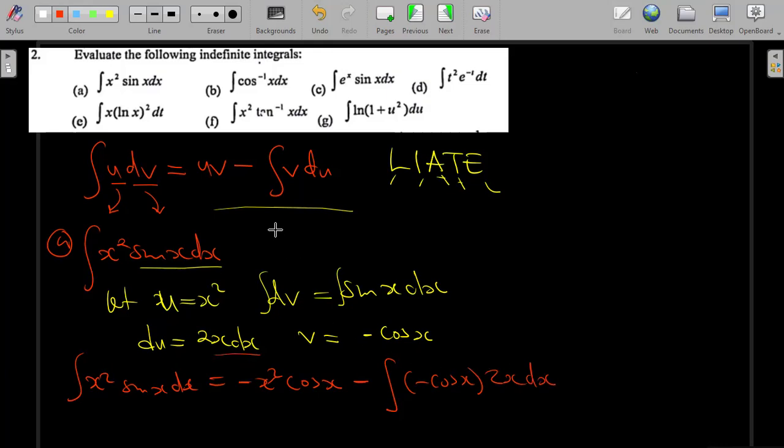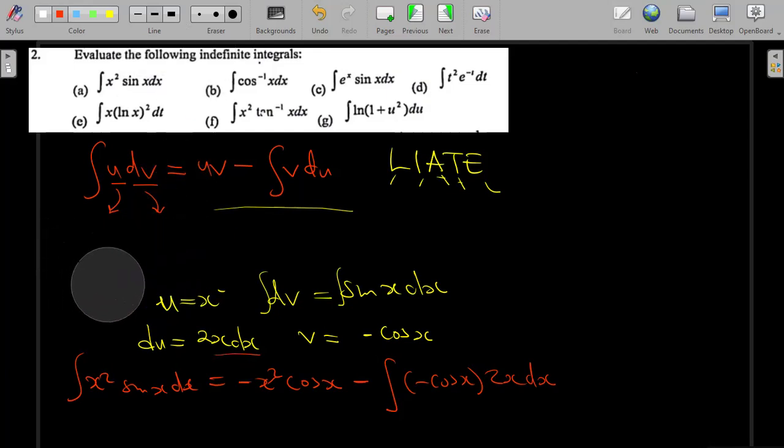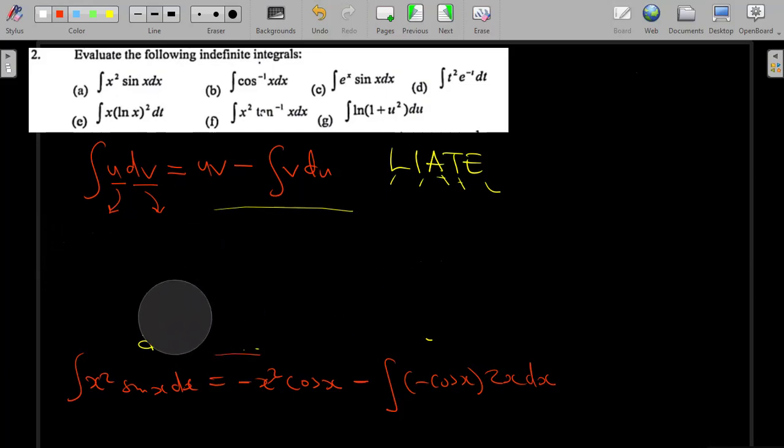Now from here, let me erase this part. Erasing this part, this negative multiplies with that negative, then I can move the 2 in front. So I write the first part the way it is, that is negative x squared cos x, then the second part becomes positive, so plus 2.